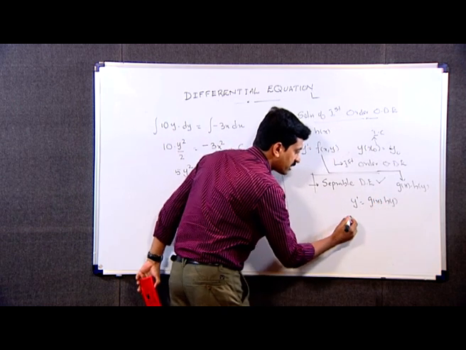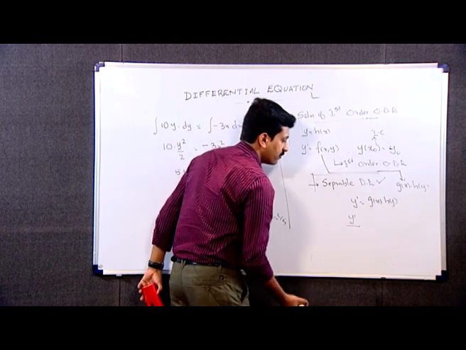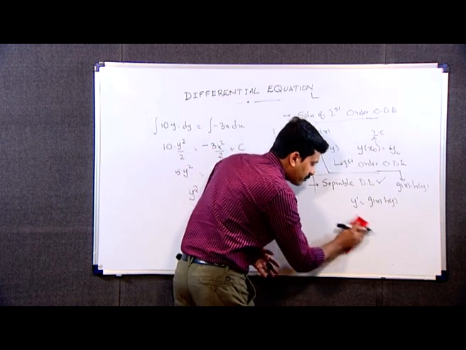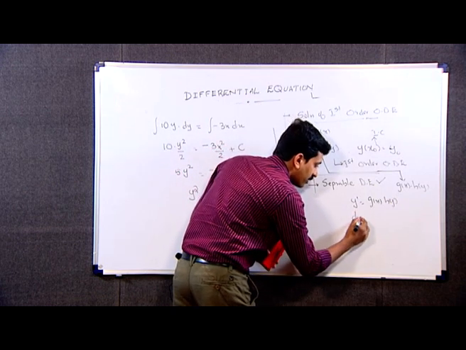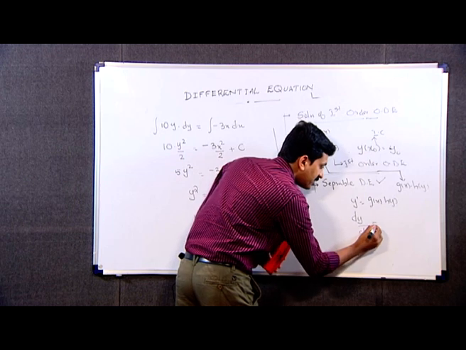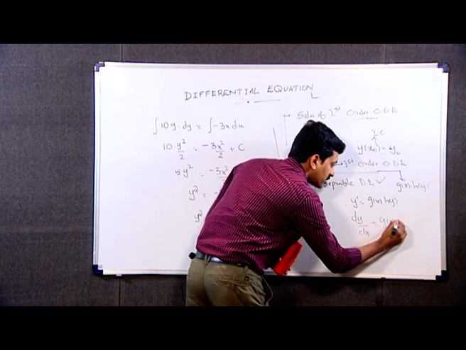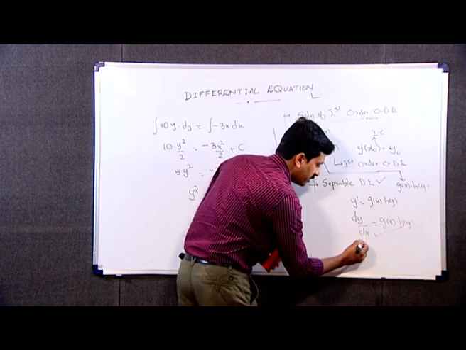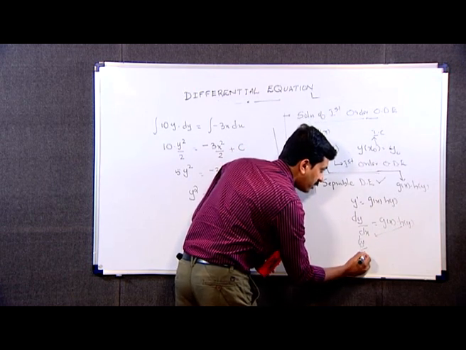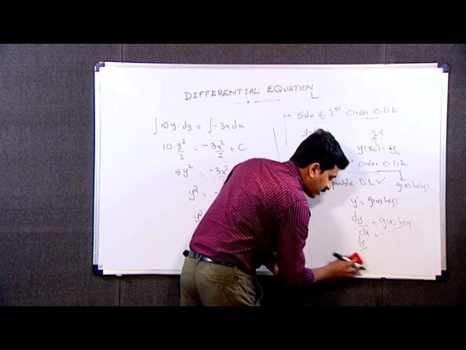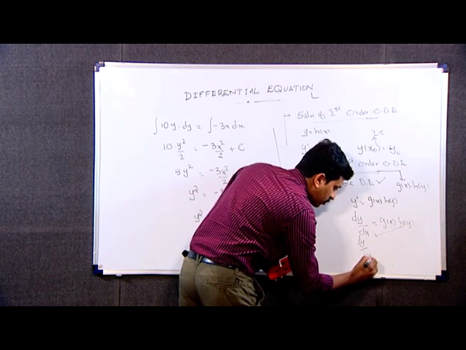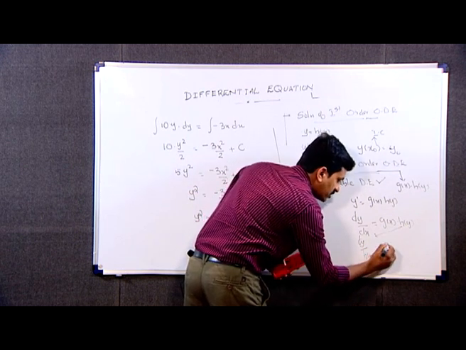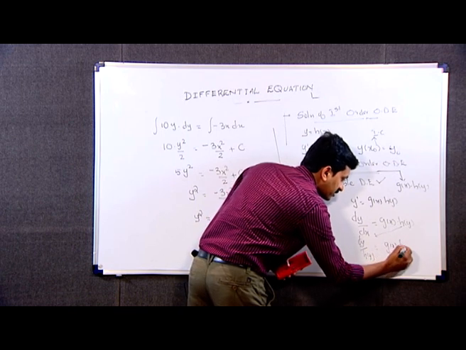This can be written as dy by dx equal to g of x into h of y, and we can take h of y to the other side: dy by h of y is equal to g of x dx.